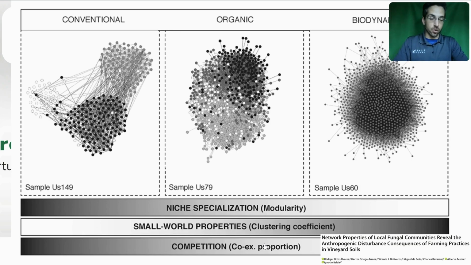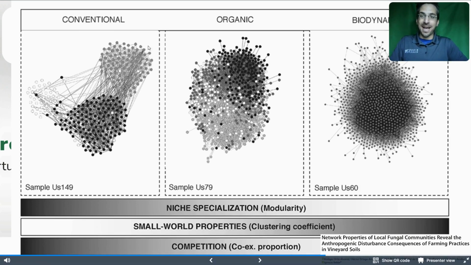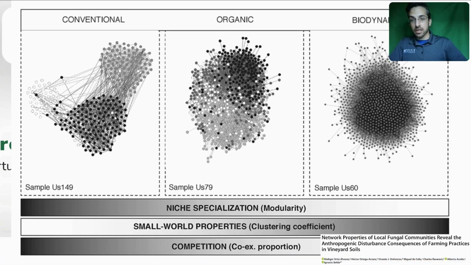So the lower this score, the more disjointed, the more competitive, the less cooperative, the more essentially dysbiotic, disordered your microbiome is. This is not an absolute rule, but this is quite well correlated with the intensity of management, the level of disturbance that this soil has been through.